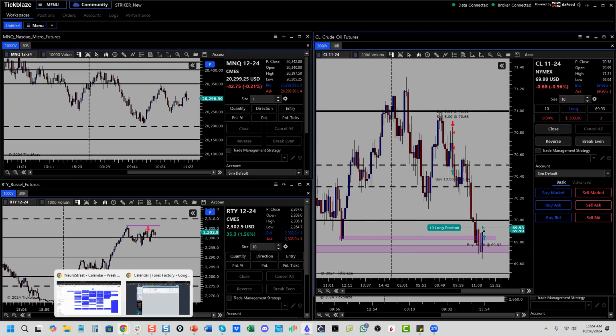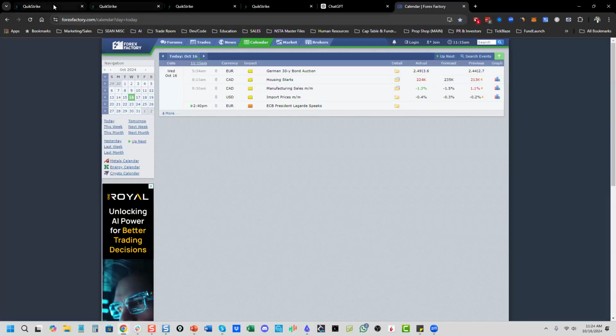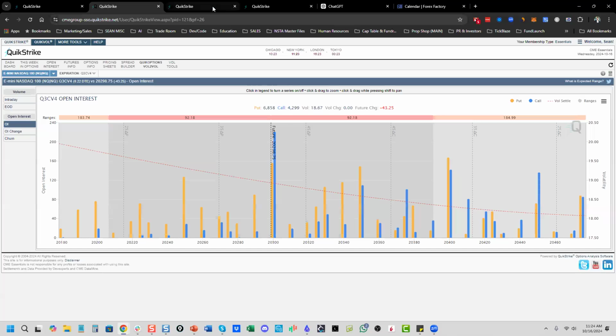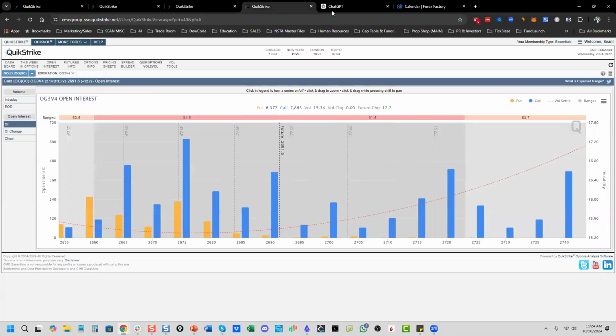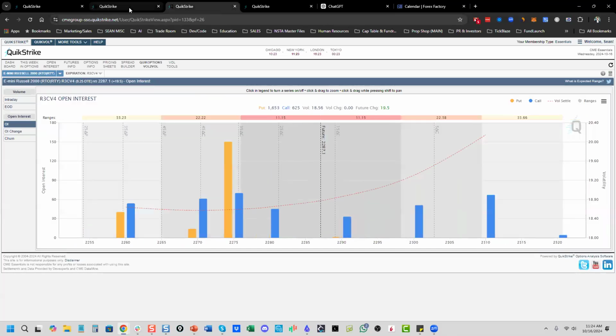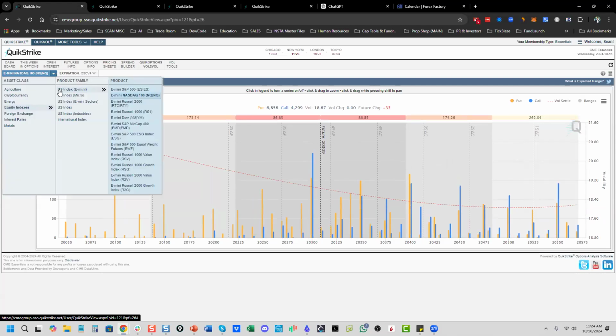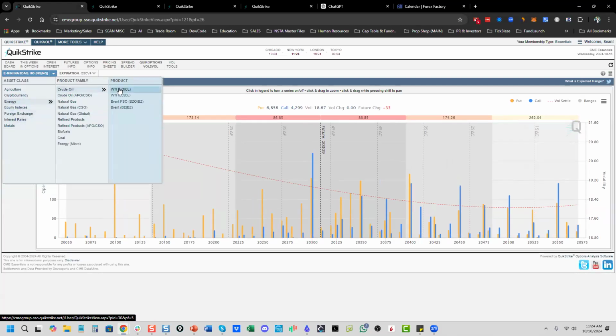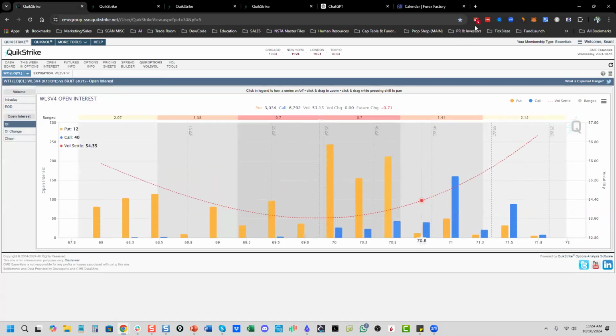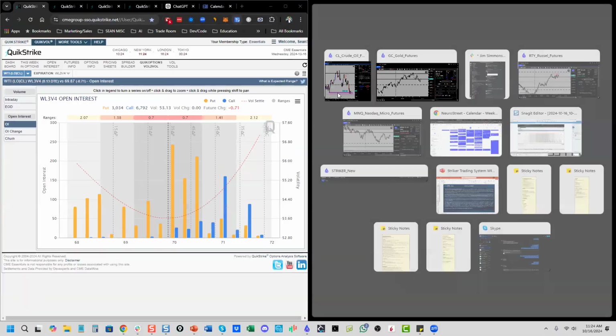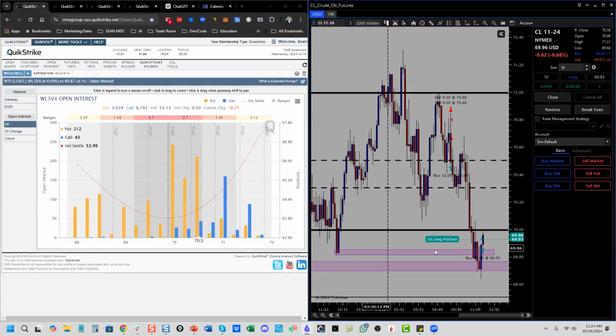Let's take a look here. Oil. That's oil. So I am long at 68.80.